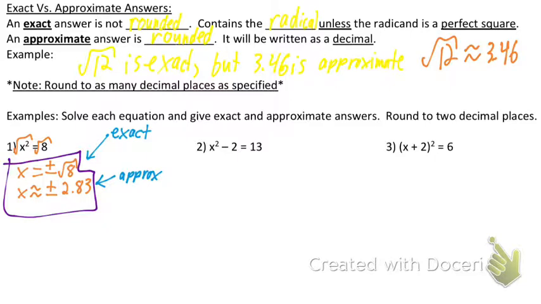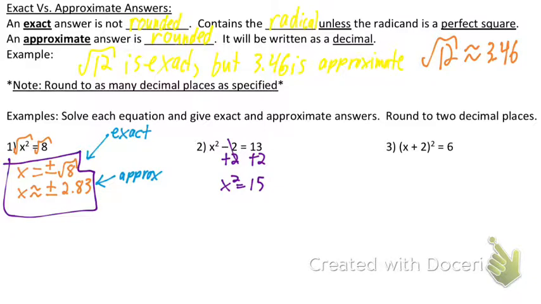All right, let's move on to example 2. We have x squared minus 2 equals 13. Is the squared term isolated? No. What do we need to do? Add 2 to both sides. x squared is equal to 15. Now is the squared term isolated?